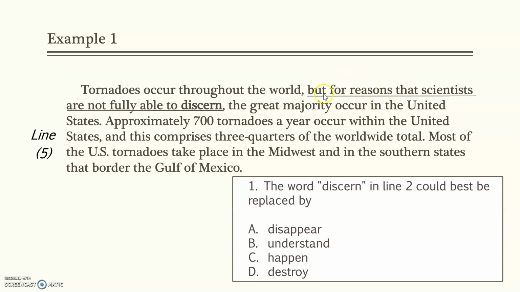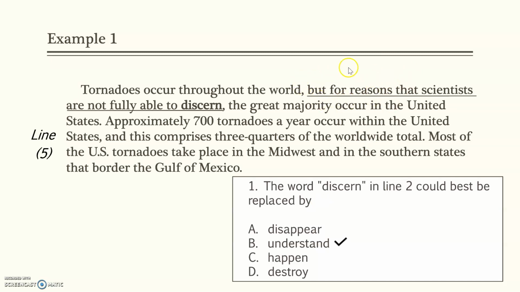The options are disappear, understand, happen, and destroy. The best word that matches is understand. Understand the reason. So here, for reasons that scientists are not fully able to discern means to understand. So the best answer is B.